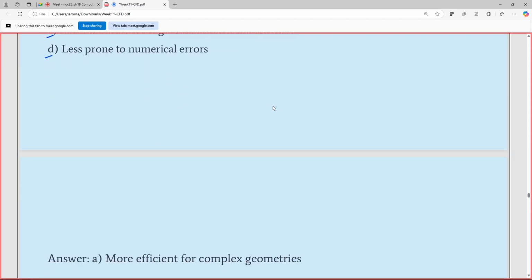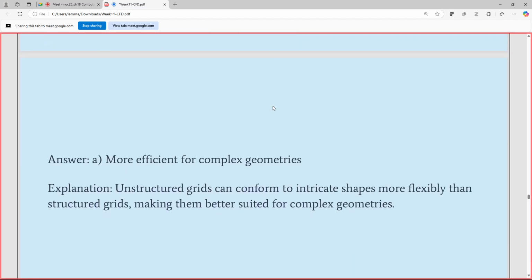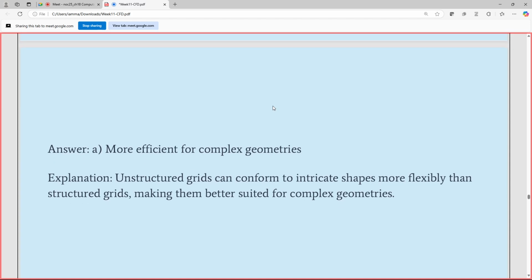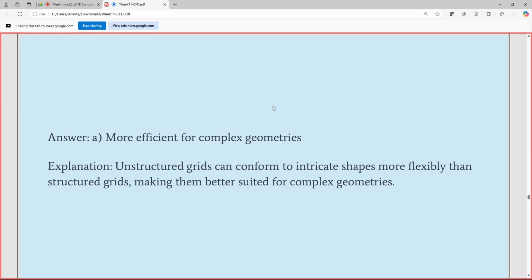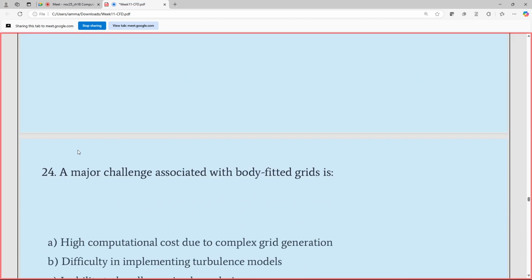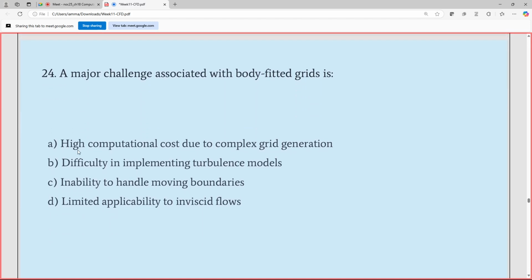Unstructured body fitted meshes will be more efficient for complex geometries, because unstructured grids will conform to intricate shapes more flexibly than the structured grids, which makes them best suited for complex geometries. Answer is option A. Moving on to next question.